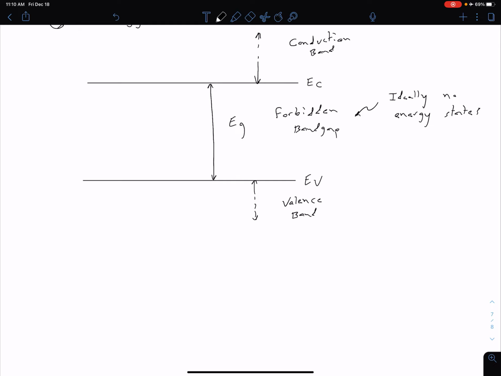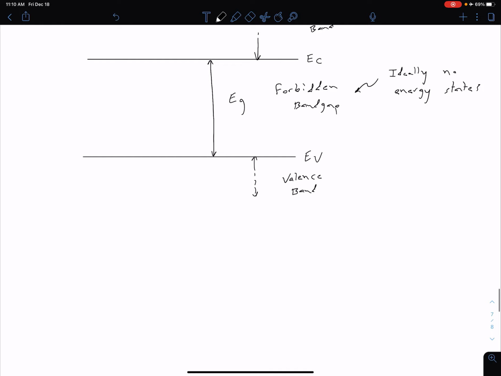So ideally, we have no states here, and so our electrons are going to be in the valence band for our 0 Kelvin case, but when they have thermal energy, they can move up to our conduction band. So let me just write this real quick: our electrons in the valence band are bound to the atoms.